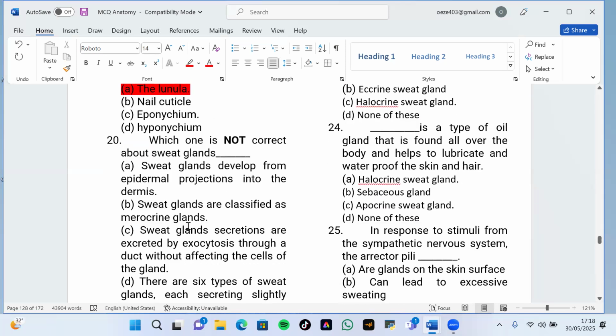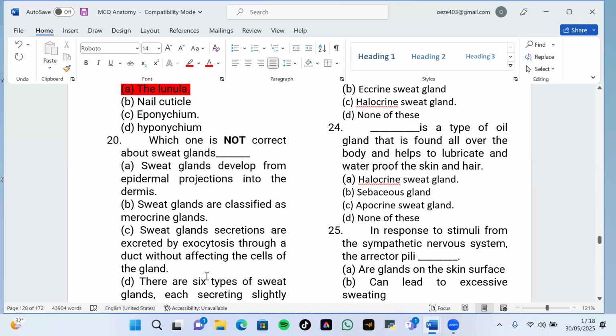The next question says, which one is not correct about sweat glands? A, sweat glands develop from epidermal projections into the dermis. B, sweat glands are classified as merocrine glands. C, sweat gland secretions are excreted by exocytosis through ducts without affecting the cells of the gland.